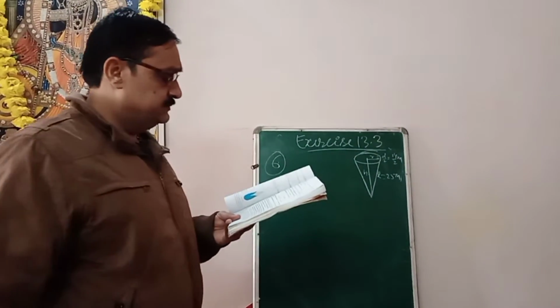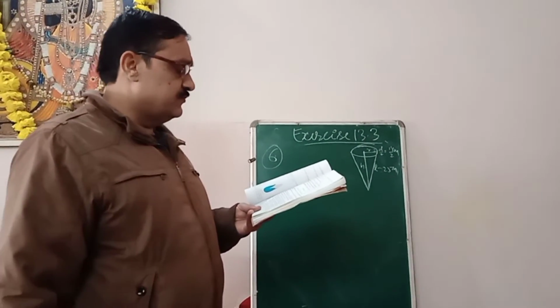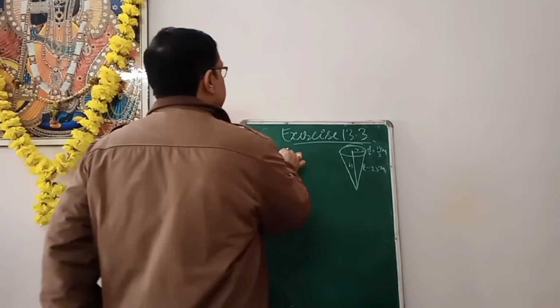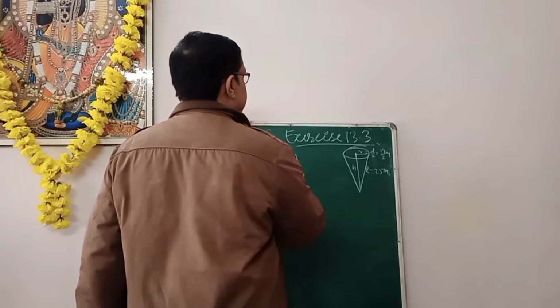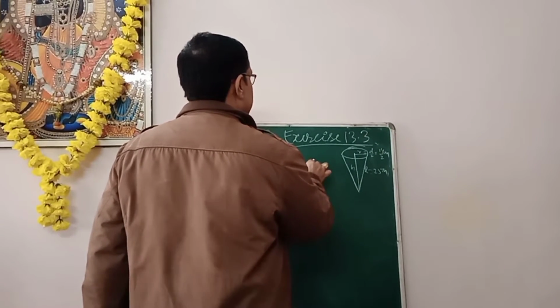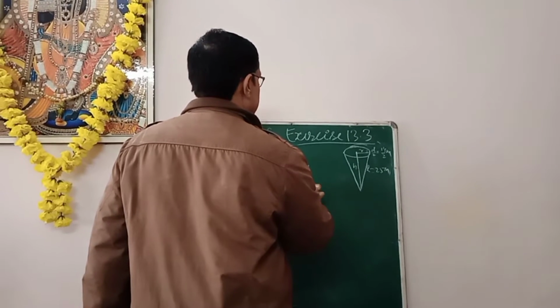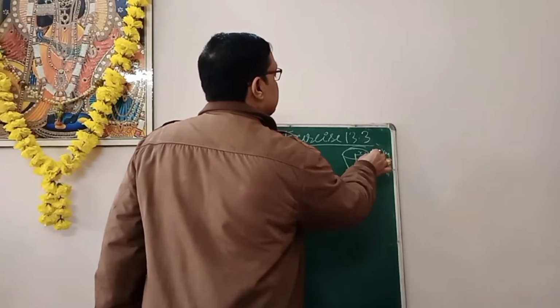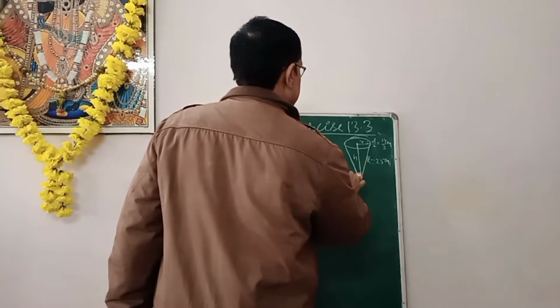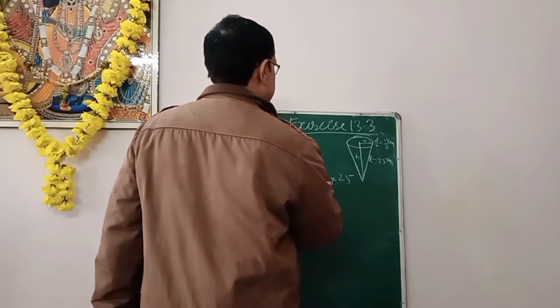Okay. Find the cost of whitewashing its curved surface. So we are interested in knowing the CSA. CSA is to be painted. So this is pi RL. So 22 upon 7 into R, 14 by 2, into L, 25, 7 to here.